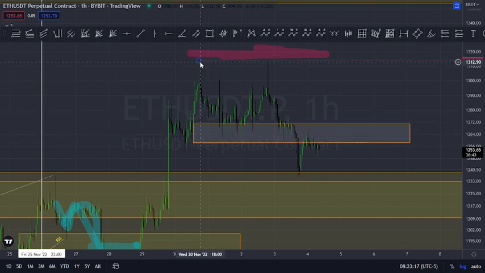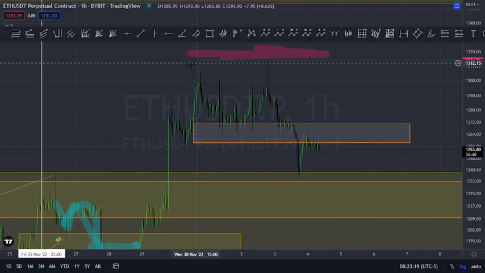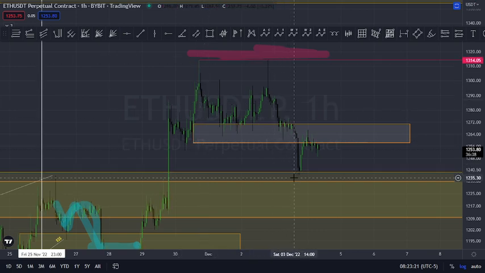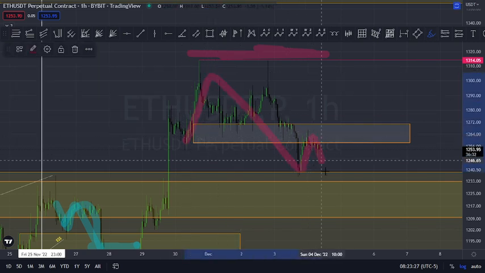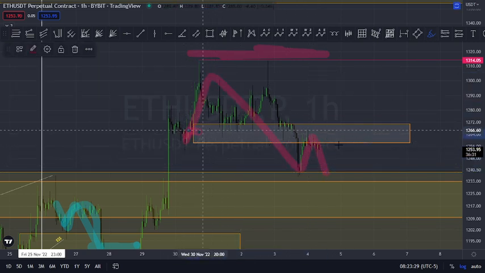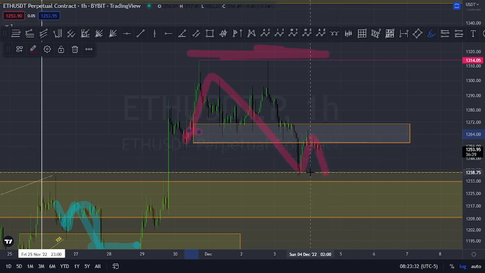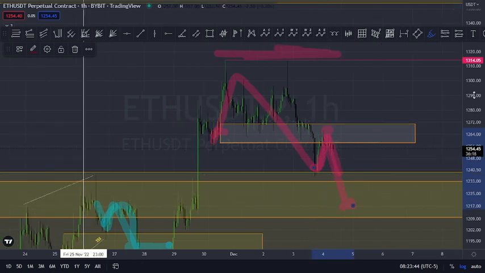The price ran at this price level. It broke the structure, and now the price is mitigating basically those orders which were open at the breaker here. So what you guys can expect now? The market took the internal liquidity. Now you can expect the external liquidity to be taken. And at which price points? I will let you know now.